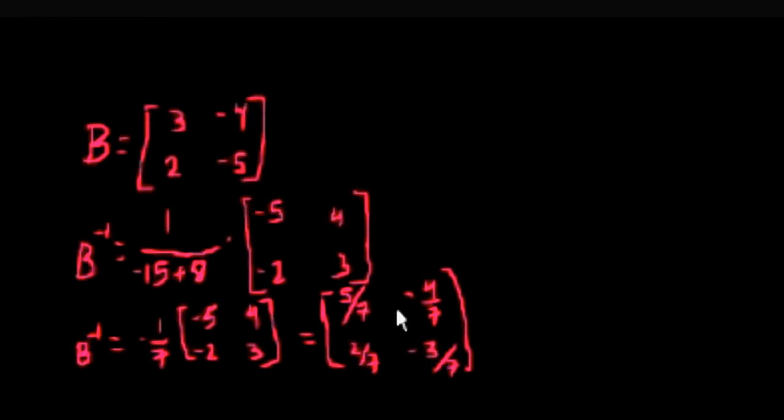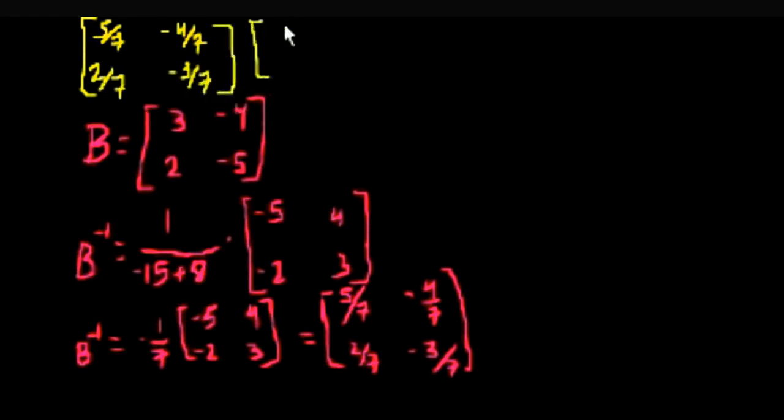So B inverse is 5/7, if I haven't made any careless mistakes, minus 4/7, 2/7, minus 3/7. That's B inverse, and let me multiply that by B: 3, minus 4, 2, minus 5. Now this is going to be the product matrix.